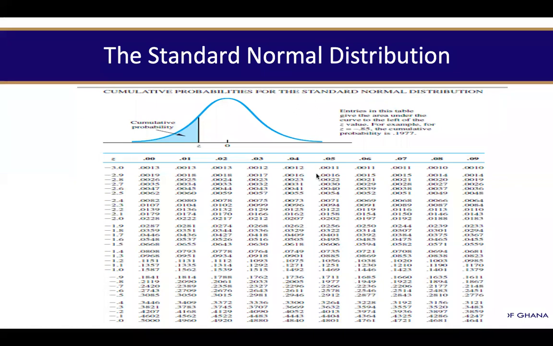So we are going to take some time and go through the process of calculating probabilities from the standard normal distribution table. Most of the things that we are going to do today, tomorrow, and beyond would be in relation to the standard normal distribution.